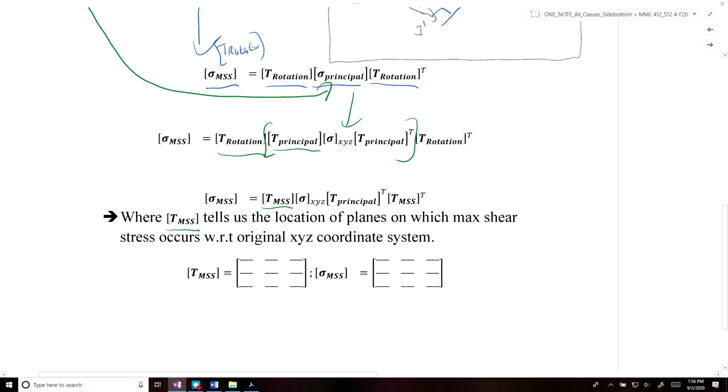That gives us a matrix of directional cosines, a transformation from our original XYZ coordinate system to the 1', 2', and 3' coordinate system where our maximum shear stress is. After we do this, I'm just going to define these two matrices, and that will be the end of the video.